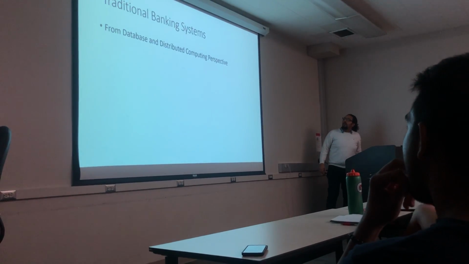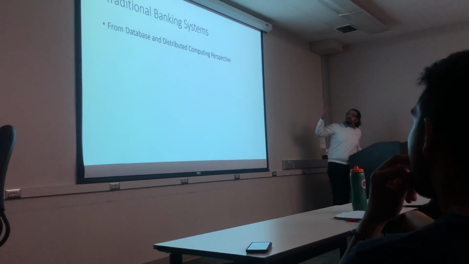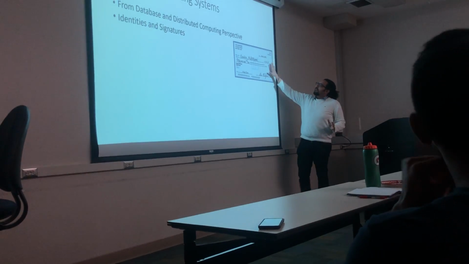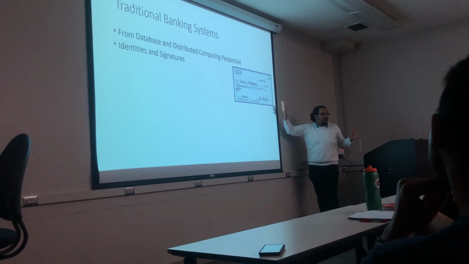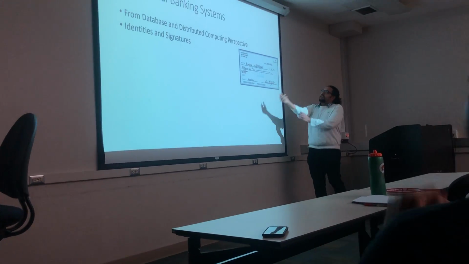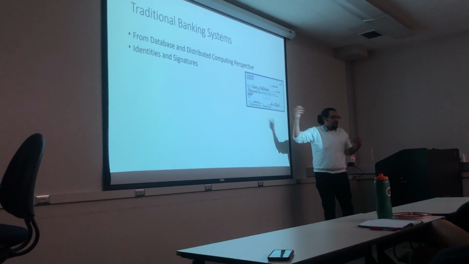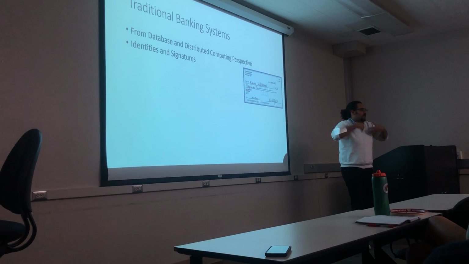Okay, so if we look at the big picture from a database and distributed computing perspective, we usually use this picture of a check. What are the fields in a check? We have what we call identities and signatures. An identity is like myself.